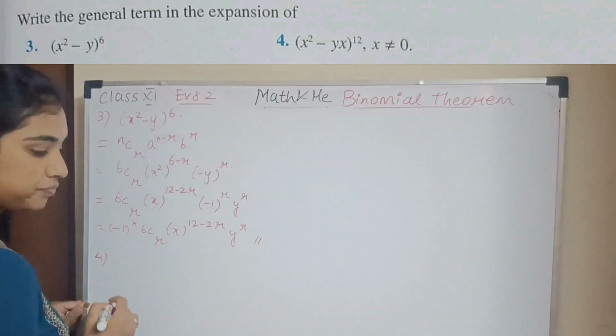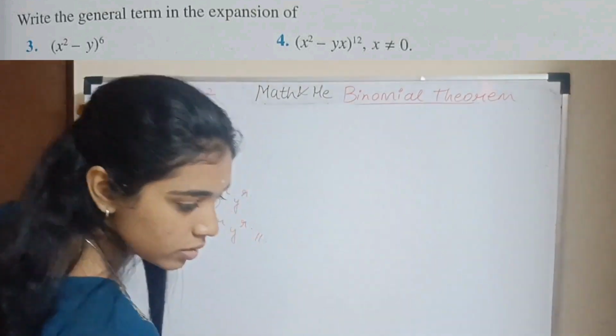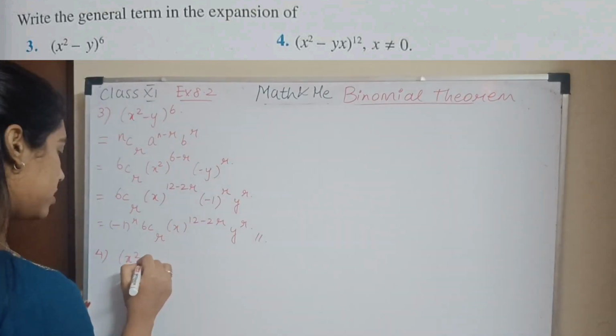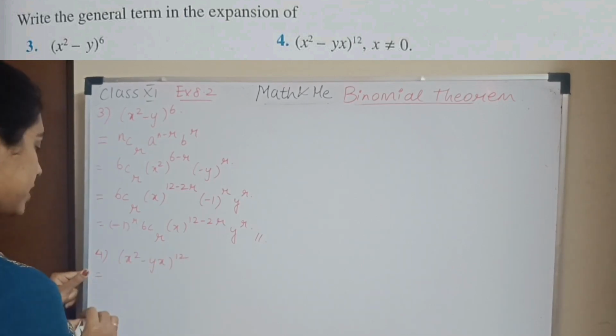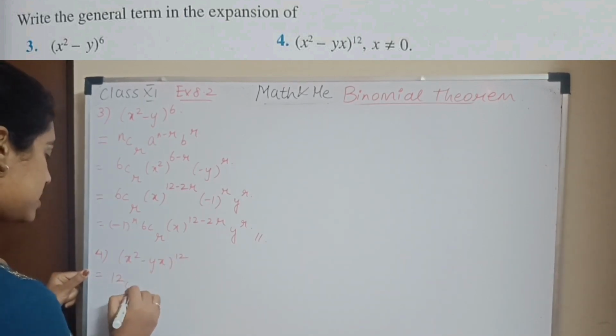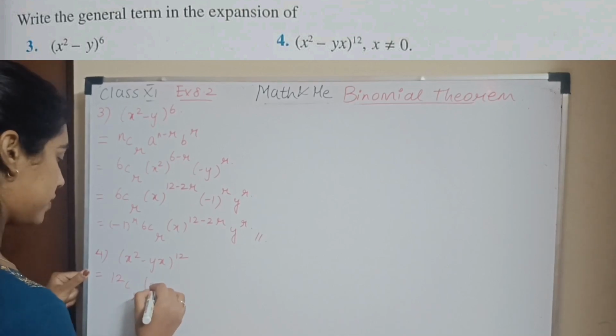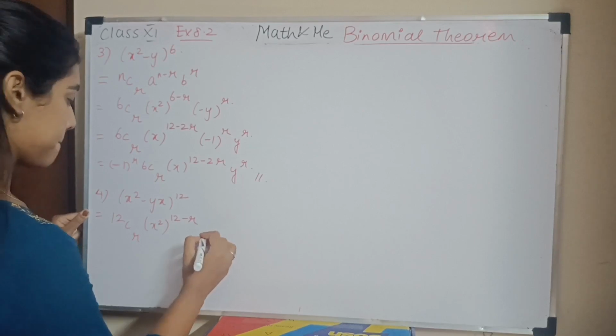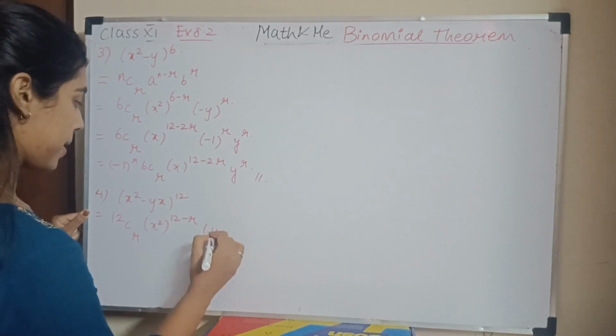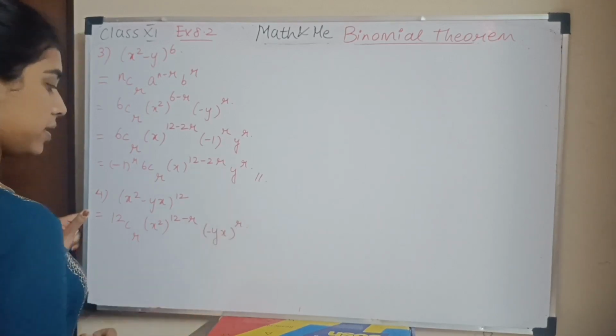Question number 4. (x² − yx)^12. So I have nCr, which is 12Cr of (x²)^(12−r) times (−yx)^r.